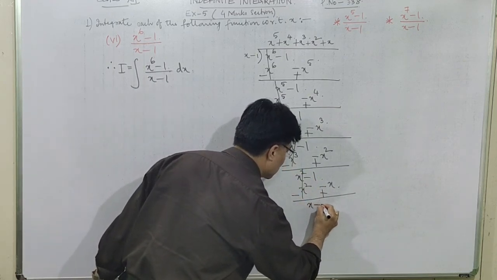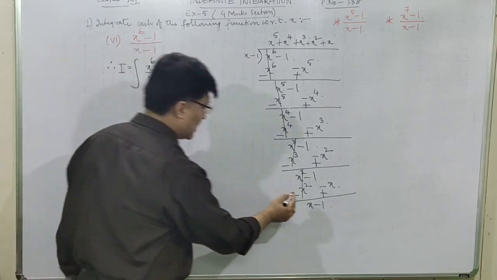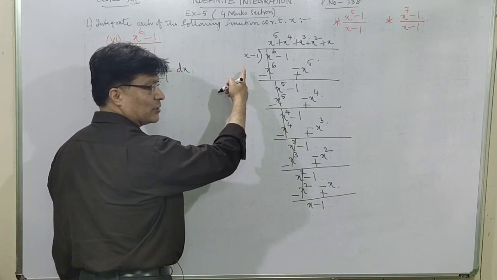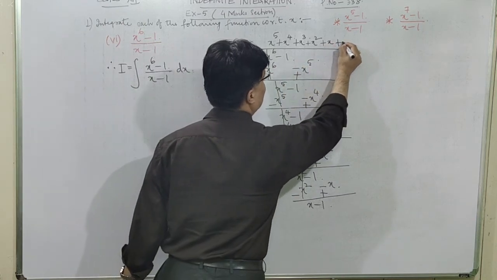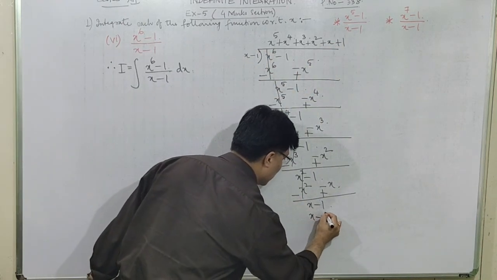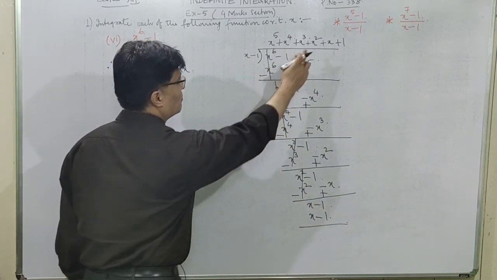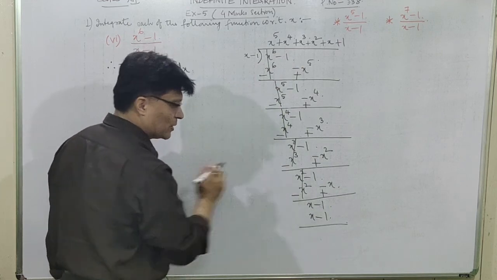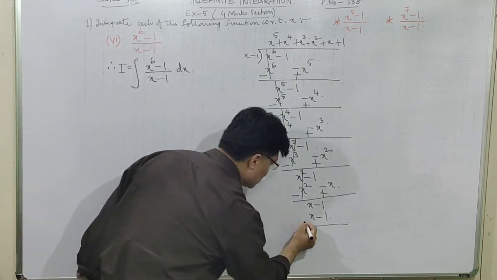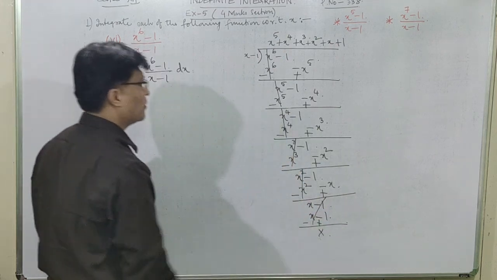So this is x minus 1. Now there is x and here is also x. So you have to multiply it by 1 to get x, isn't it? Plus 1. So 1 into x is x, plus into minus minus, 1 ones are 1. So it is x minus 1, right? So you can change the sign, minus plus, you can cancel it.